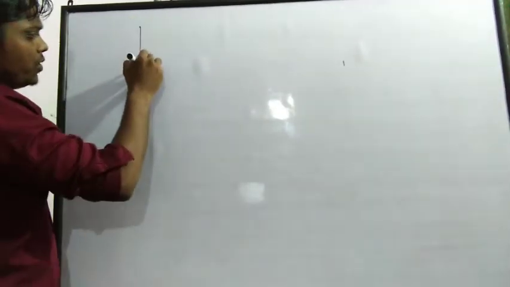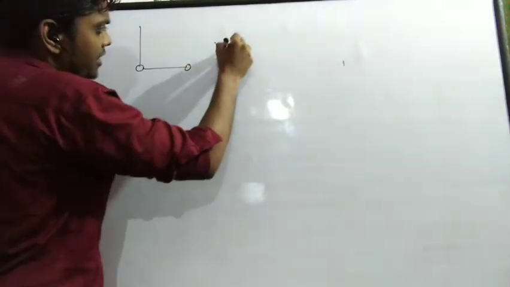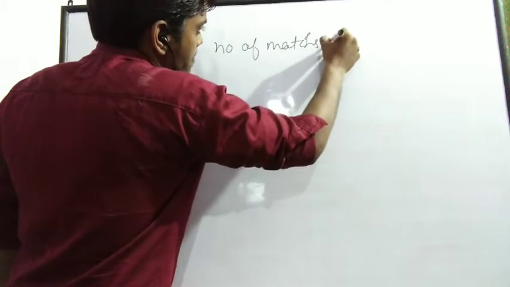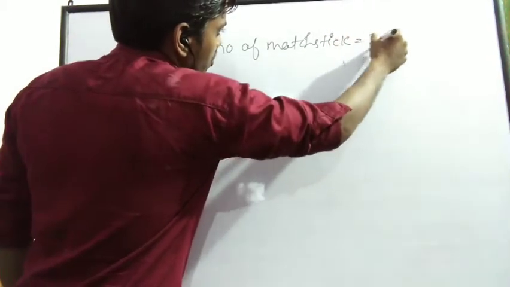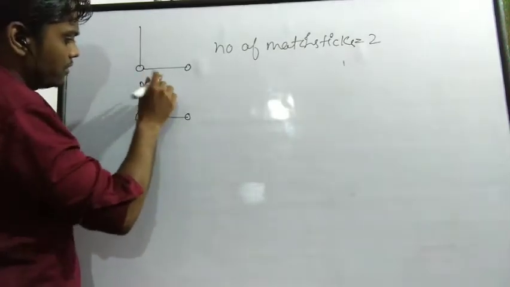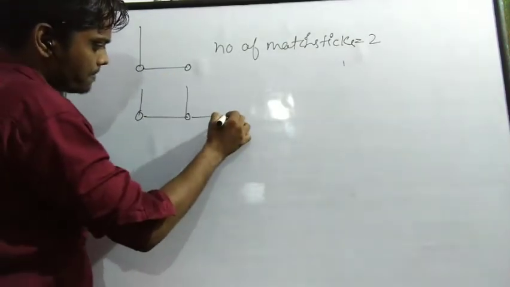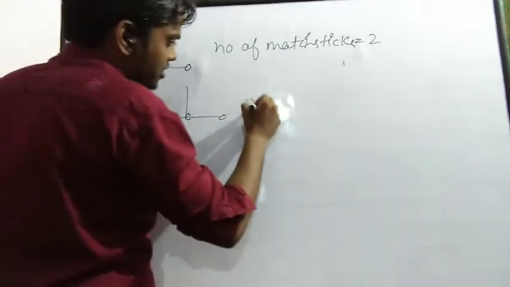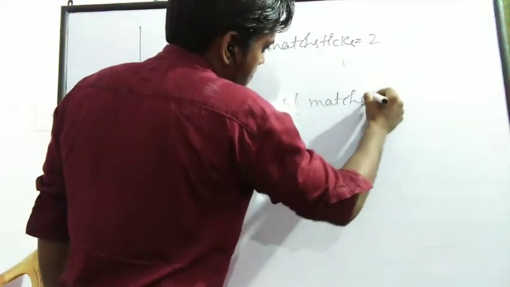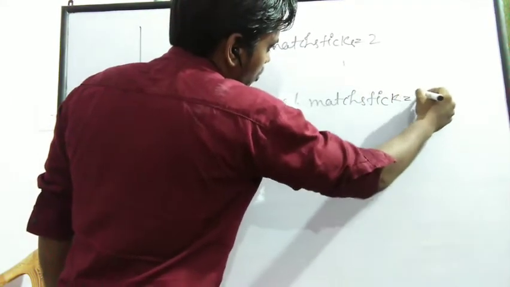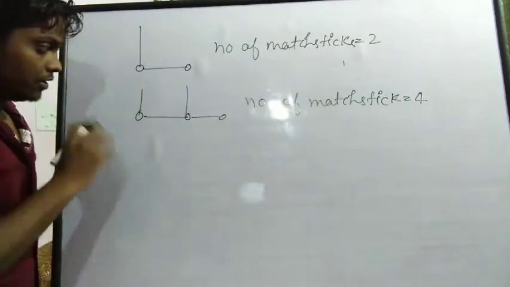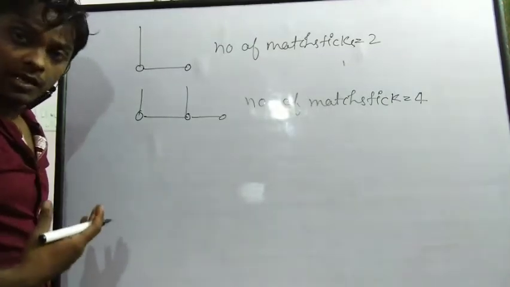See, this one is the shape of L, number of matchsticks is equal to 2. In this formation, the number of matchsticks is equal to 4. So for the formation of 100 L's, how many matchsticks are required?